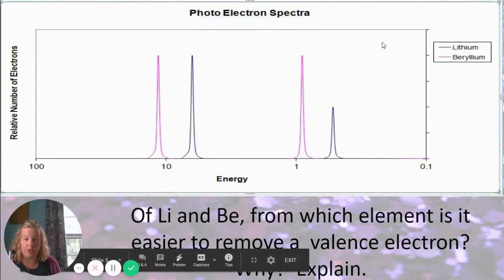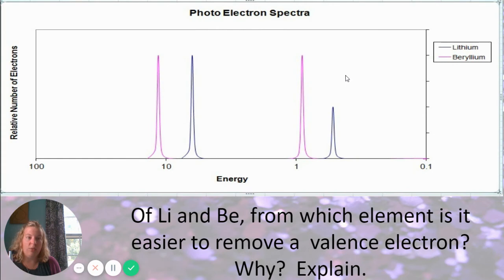If I go back to my spectra and take a look at what's going on, my lithium has a lower energy required to take off that one electron. That's because the nucleus isn't pulling as strongly as the nucleus in beryllium. And so beryllium has a higher energy for each of its energy values to take off its electrons because it has a stronger pull from the nucleus, or a higher effective nuclear charge.